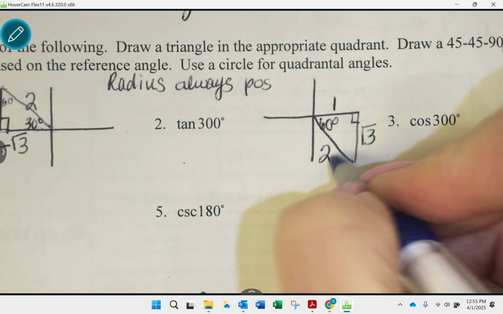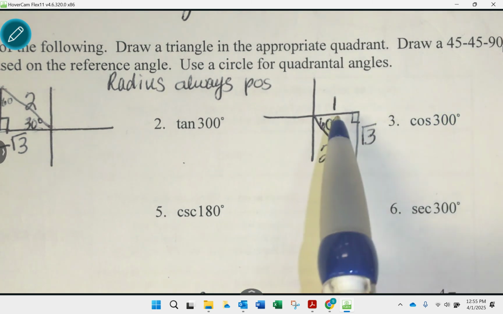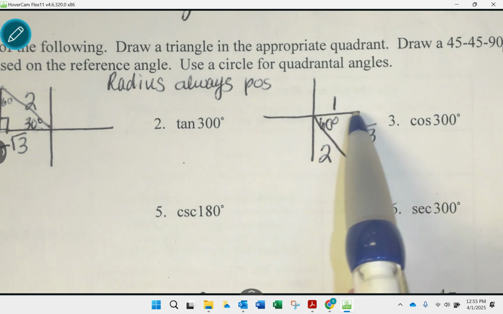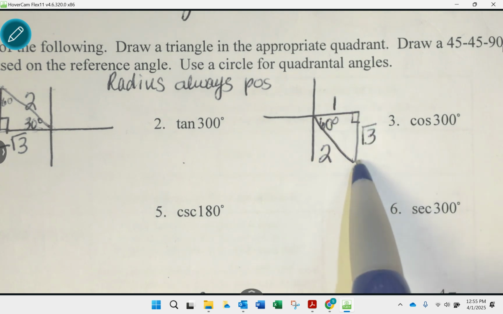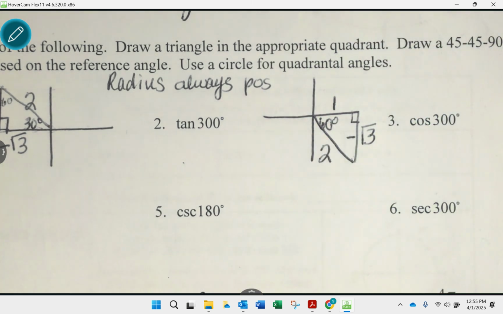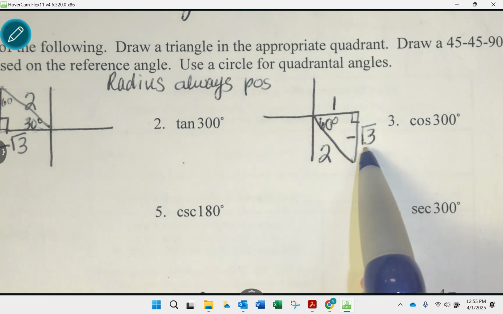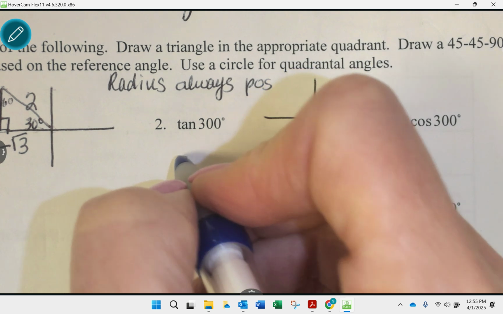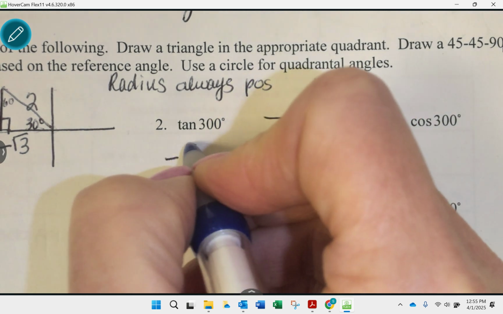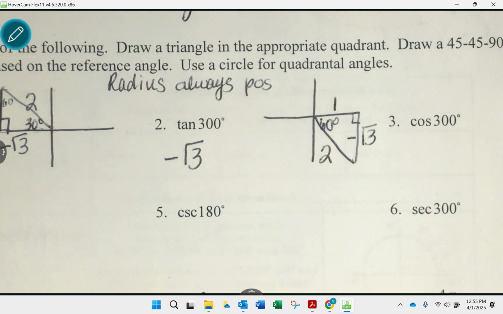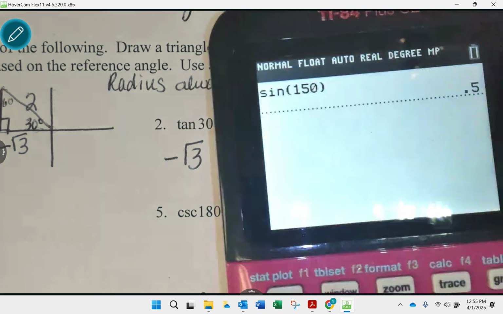Across from the 90 is 2. X and y, we have to check. Are they positive or negative? Well, the x is in the positive direction, but the y is in the negative direction. So this should be a negative radical 3 there. Tangent is y over x. So the exact tangent of 300 is y over x. So it's just going to be negative radical 3.